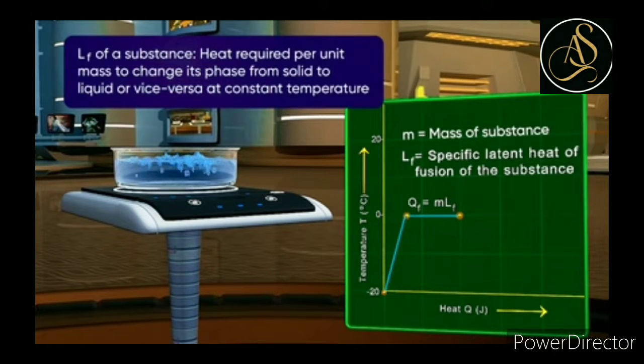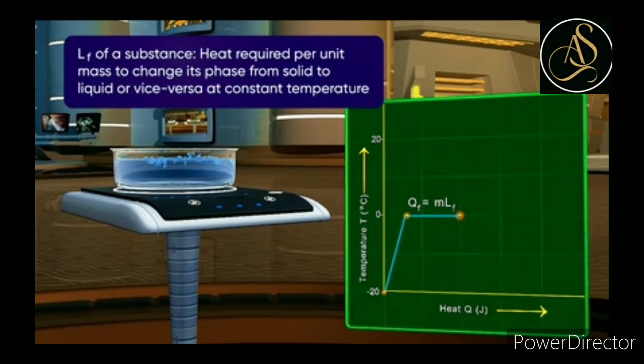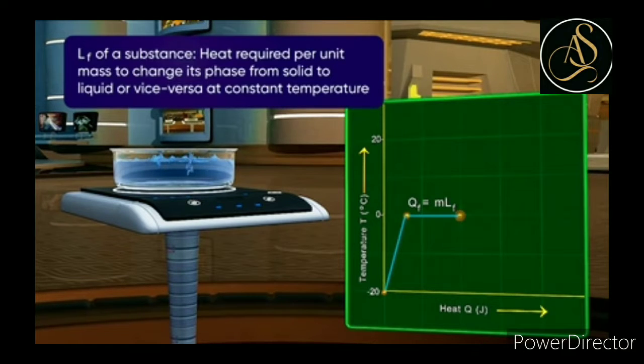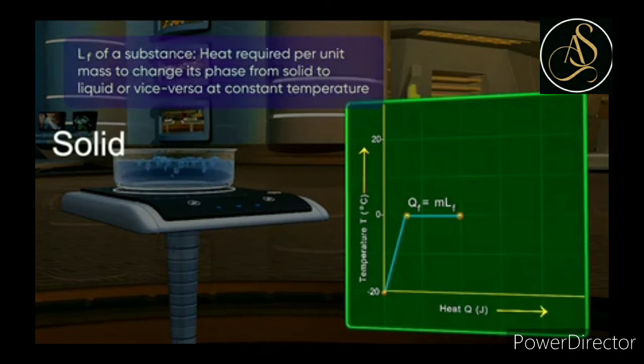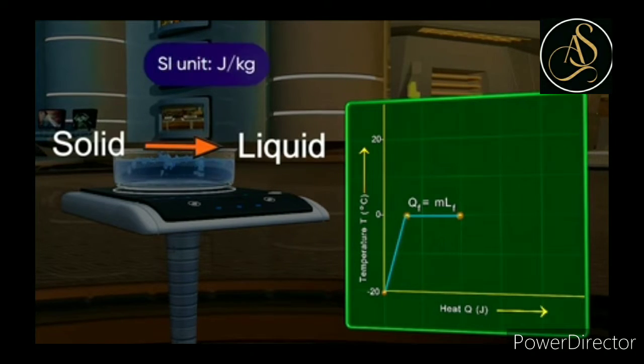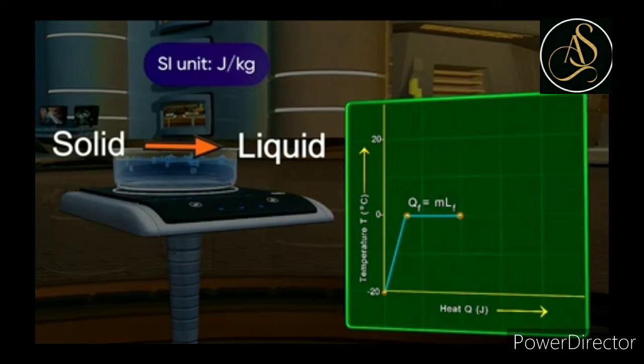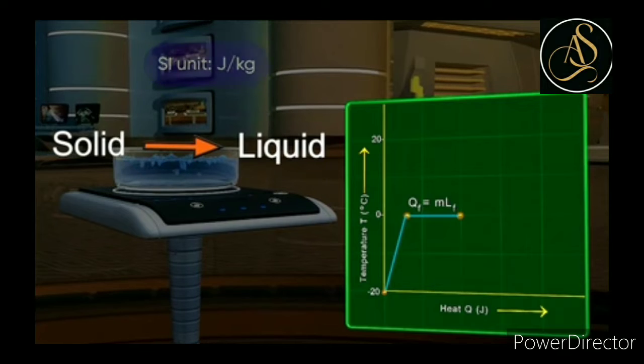Specific latent heat of fusion of a substance is defined as the amount of heat energy required per unit mass to transform its phase from solid to liquid or vice versa at constant temperature. It is an inherent characteristic of a substance and its SI unit is joules per kilogram.